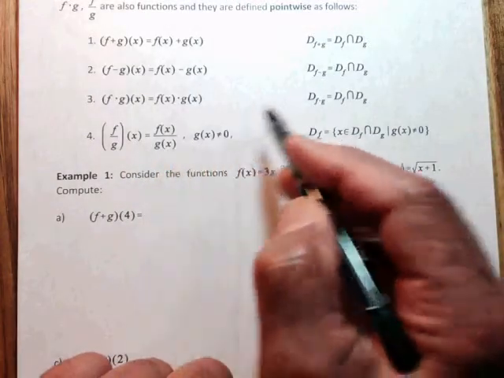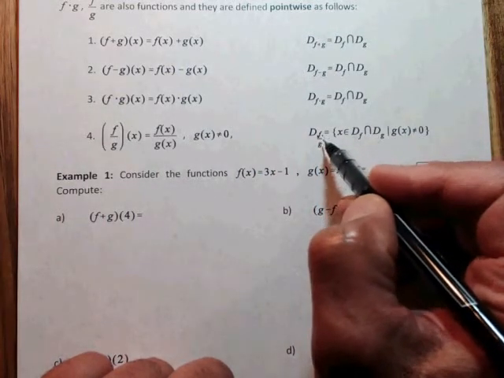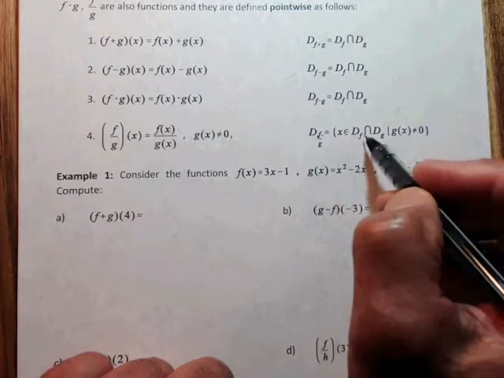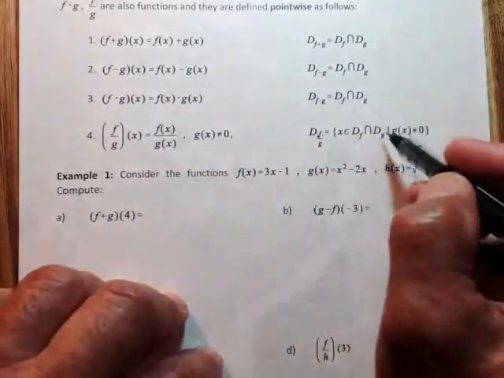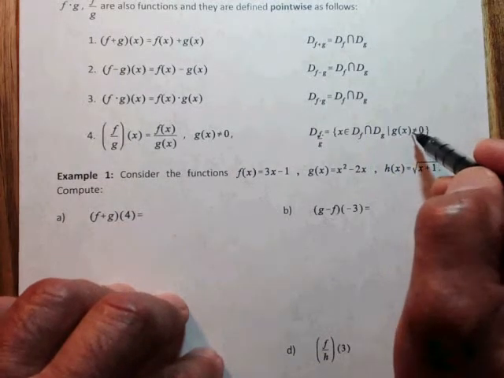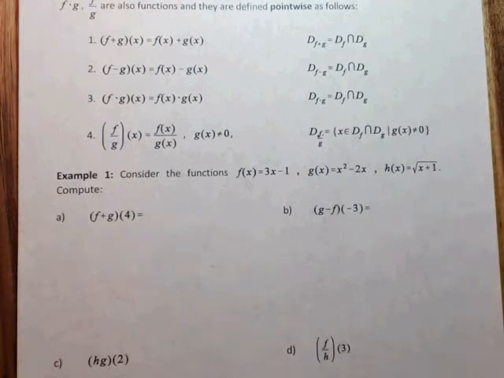So the domain of the new function f divided by g is the intersection of the domains of the two given functions, except the values that make the denominator 0. We have to remove those because we don't want to have 0 in the denominator.